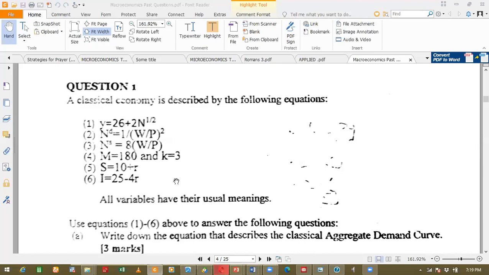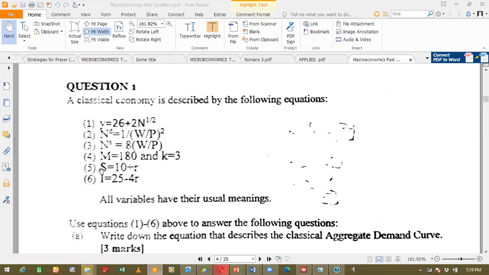NS is equal to 8 into bracket W over P. Labor supply function. M is equal to 180 and K is equal to 3. So this is money supply, and this is the K we said is 1 over V, 1 over the velocity of money.